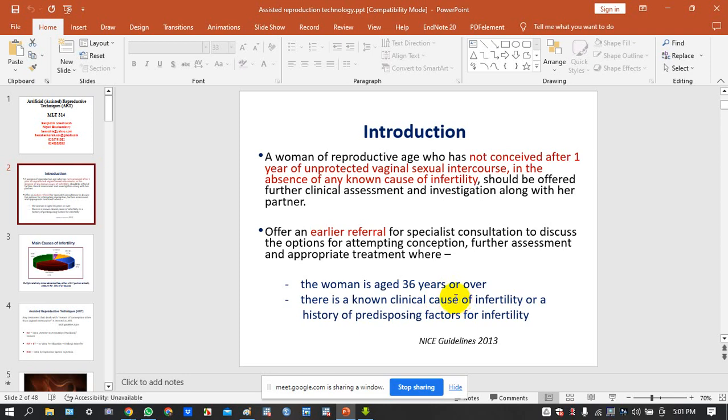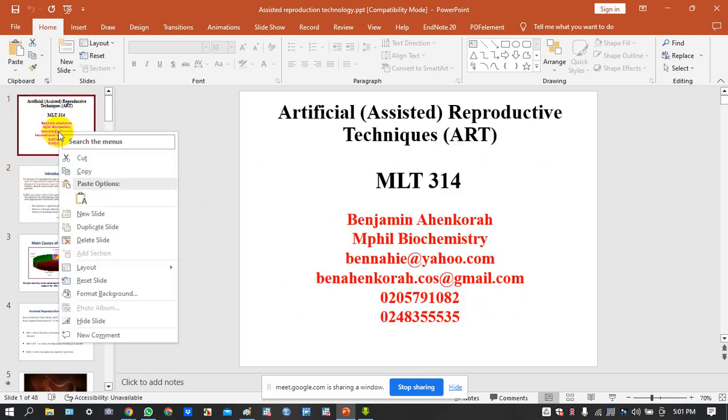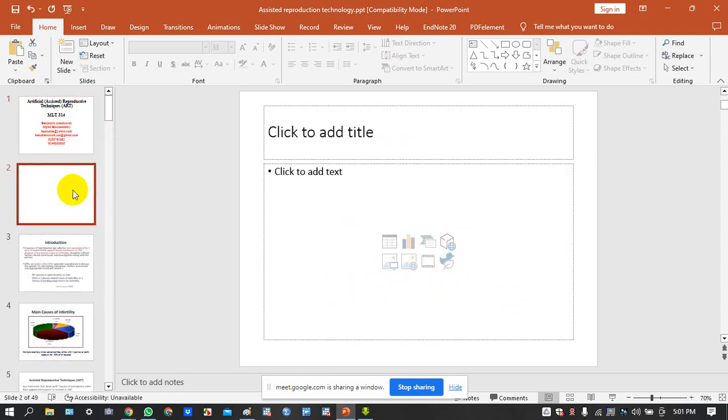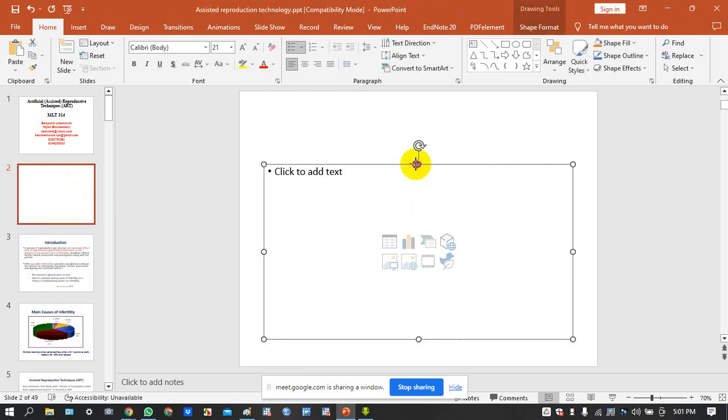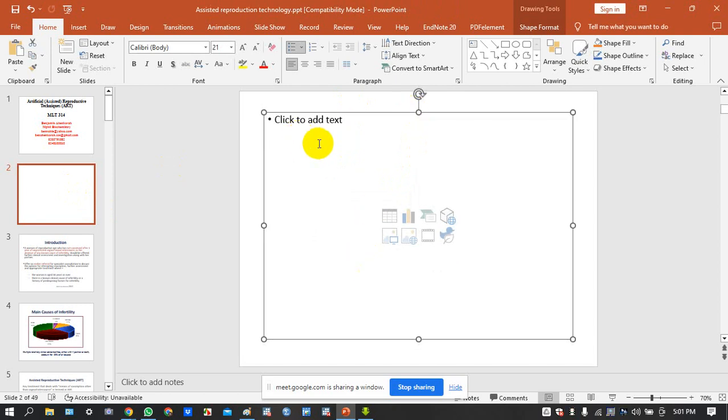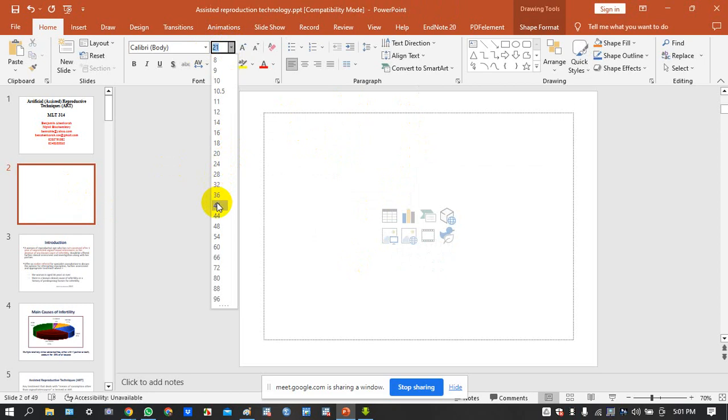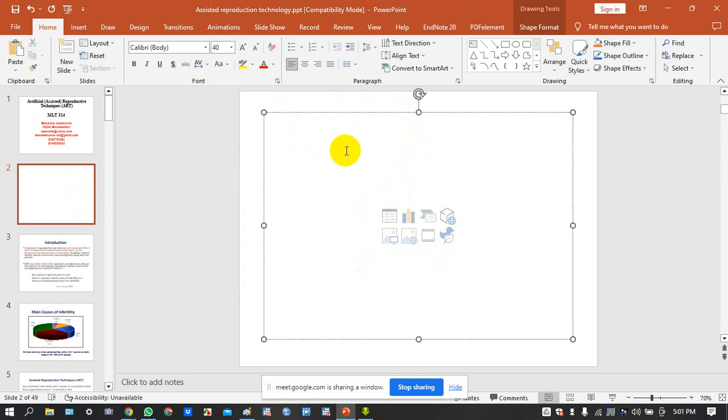If the situation is serious, then you have to refer the man to a urologist. Urologists are doctors, specialists who attend to male issues.